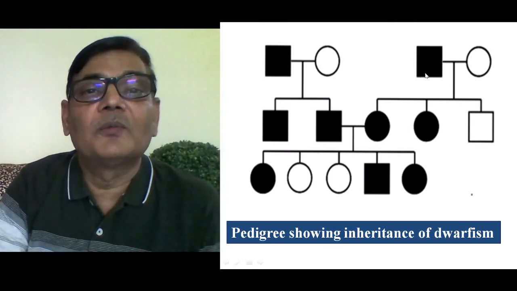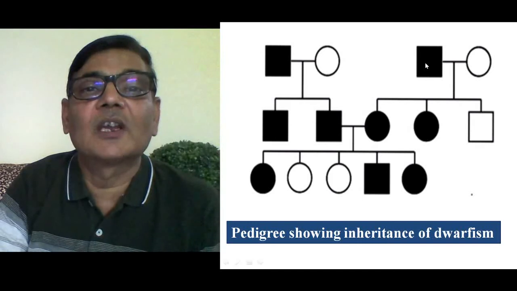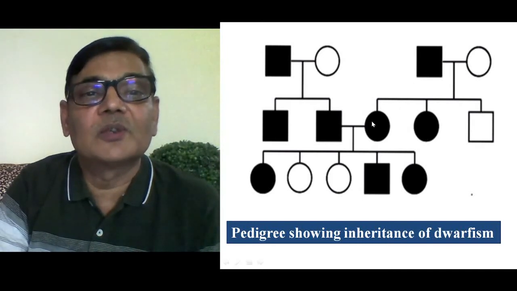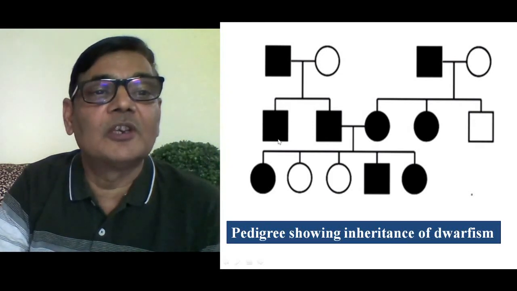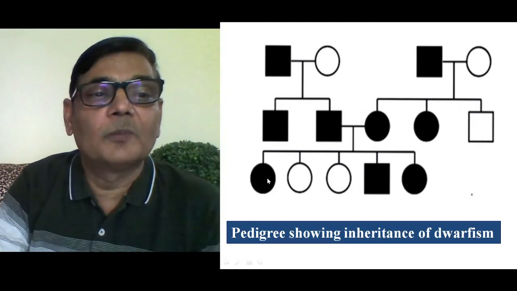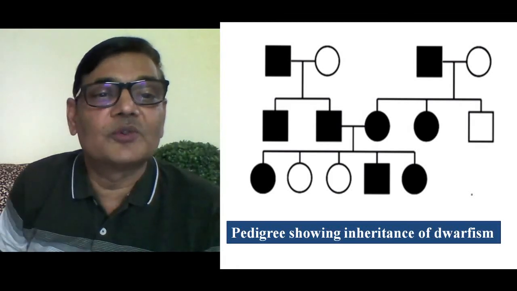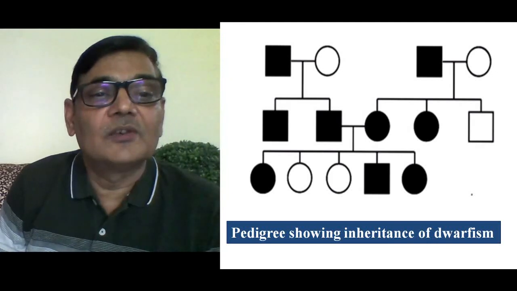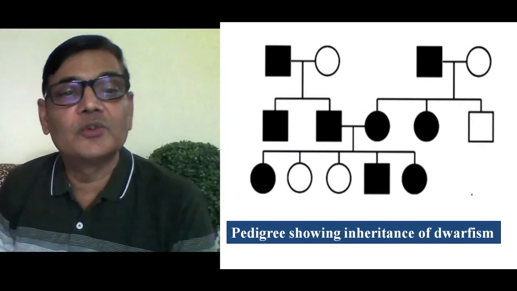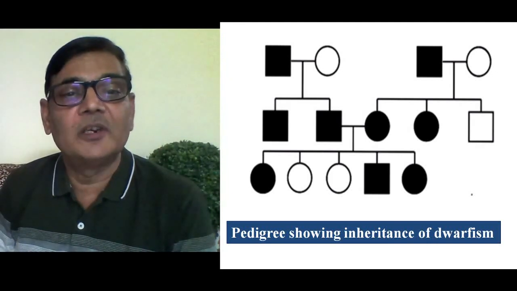So we find males suffering from achondroplasia, females also suffer from achondroplasia, and the trait is being expressed in all the generations. So these are the evidences to say that the achondroplasia determining gene is autosomal as well as dominant in nature.